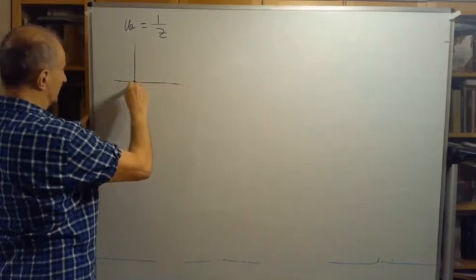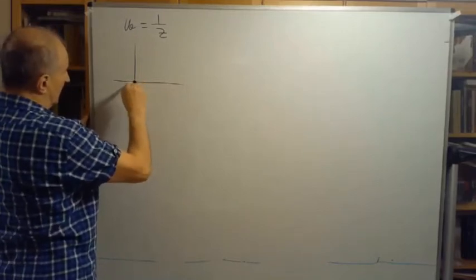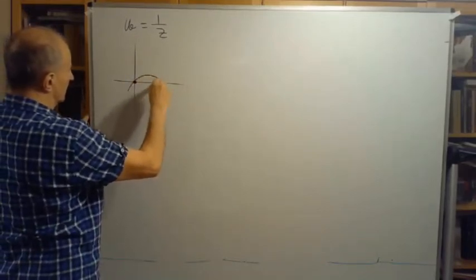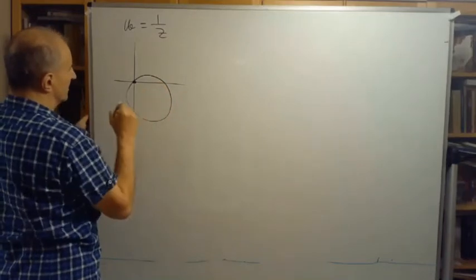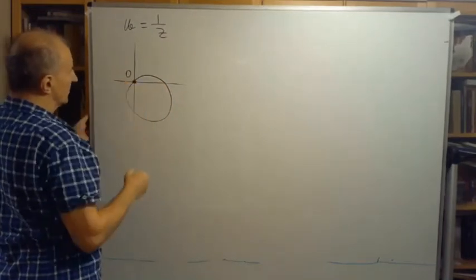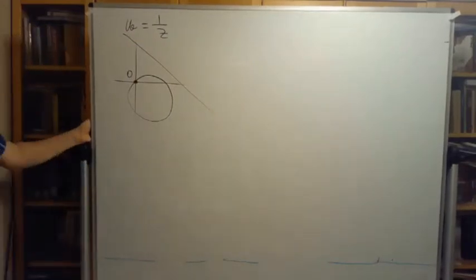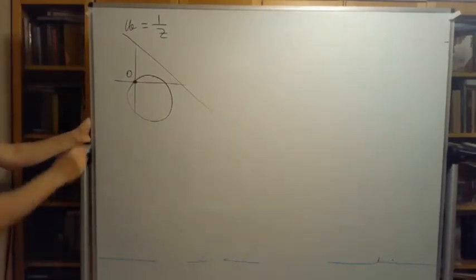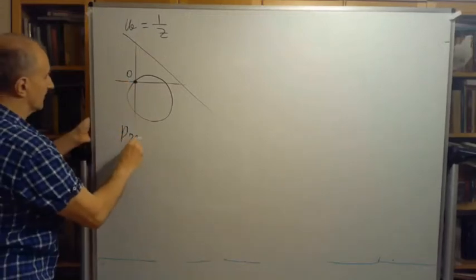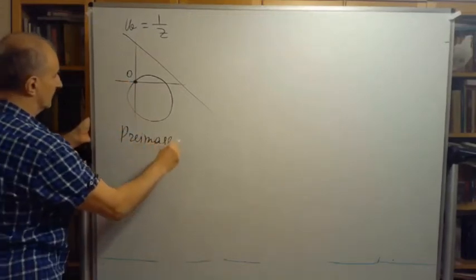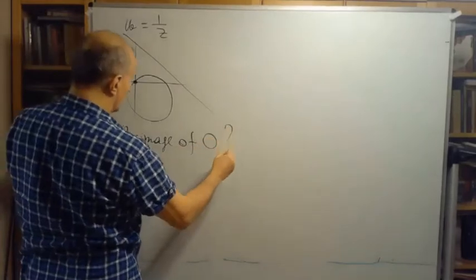For instance, as a result of our inversion of a straight line, we obtain a circle like this. So the origin is on this circle, but there is no origin on the straight line. What is the preimage of the origin?